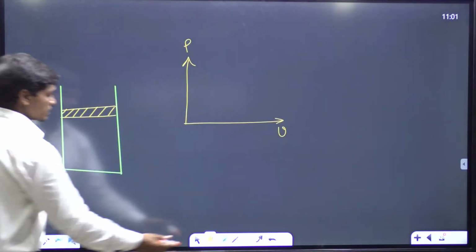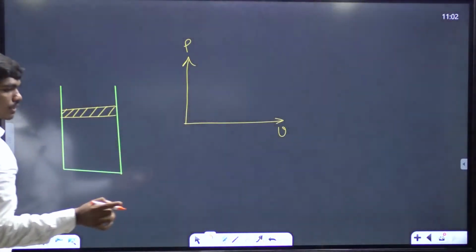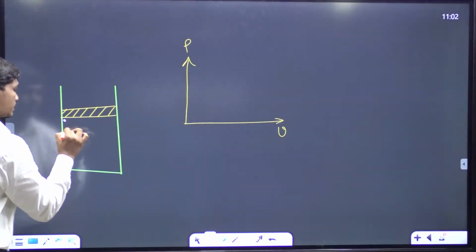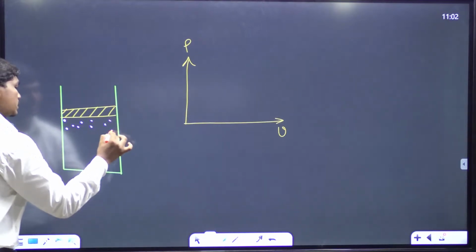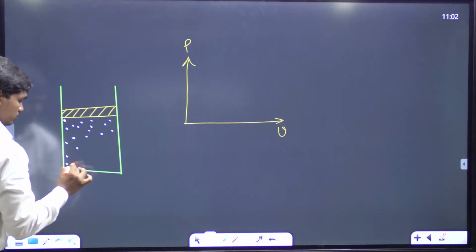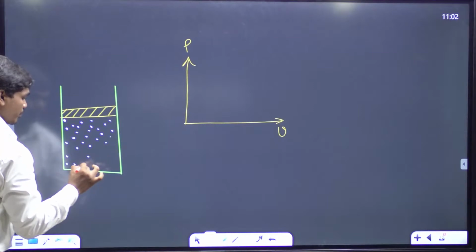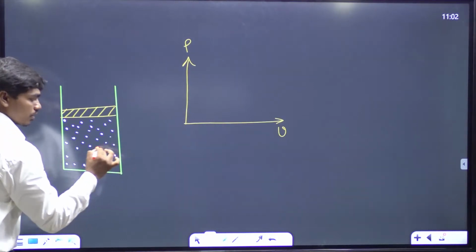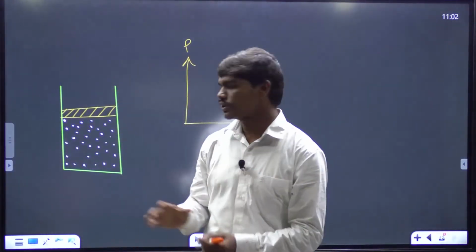So see here. Let us suppose initially some gas is packed in this system. Let us suppose there is gas at every point in this system. So initially we assume all the properties are uniform throughout.